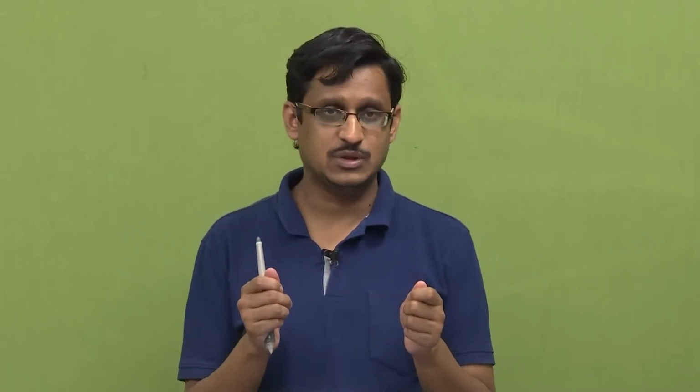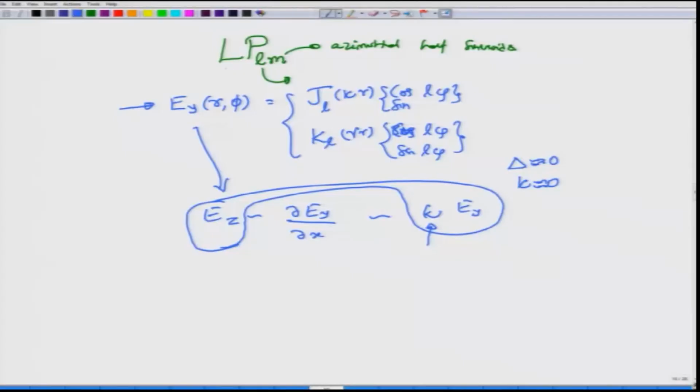Okay, this is very important. You can actually have a linear combination, which means that the phase between these two components will not be some complex number, it will be just equal to 0. So, the waves are not circularly polarized, the waves are linearly polarized. Okay. So, this is a very important thing, and these modes, as I told you, are described by LP LM.